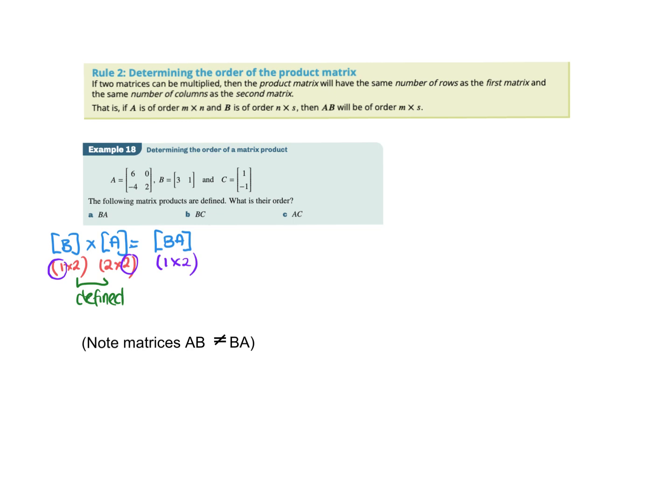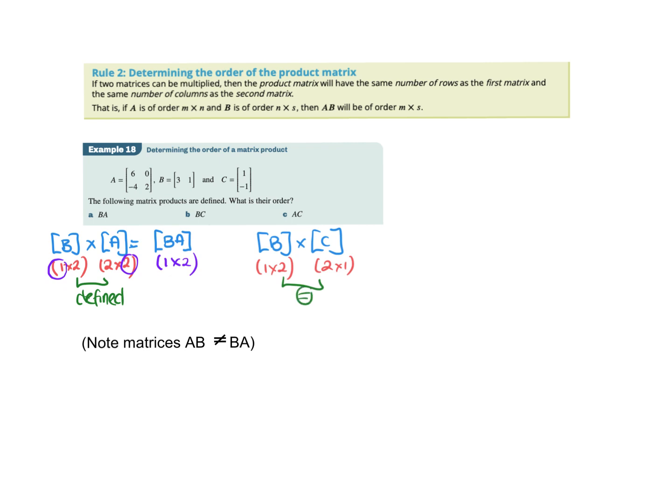Now, if I look at the next question, where they're saying B times C. If I just put the orders underneath, B was a 1 by 2 and C is a 2 by 1. Is that one defined? Yes, it's defined.